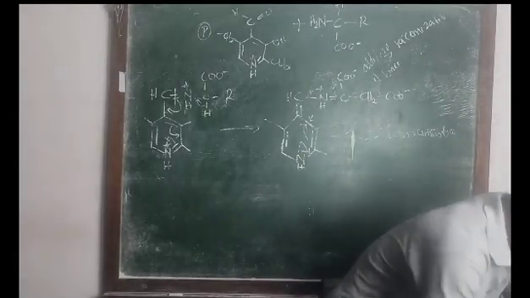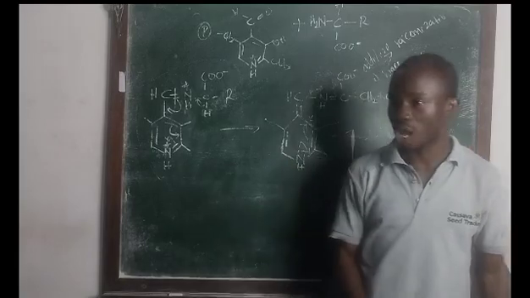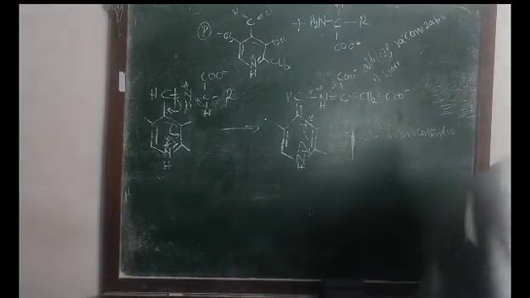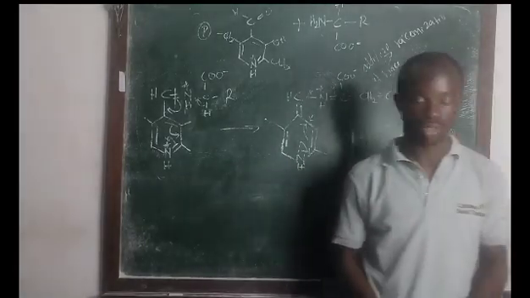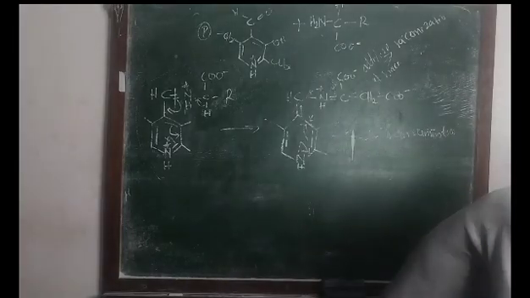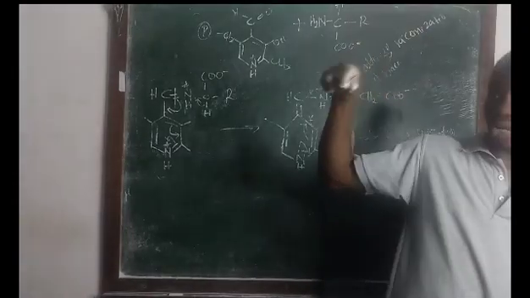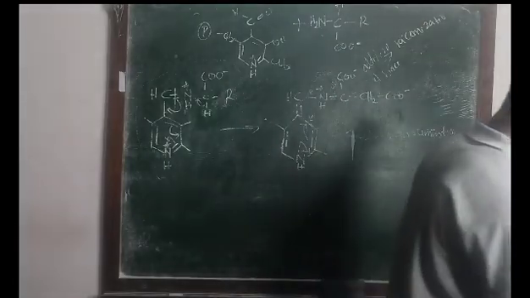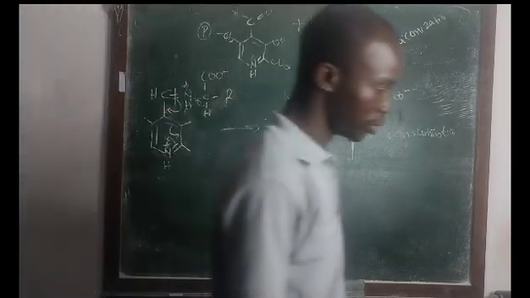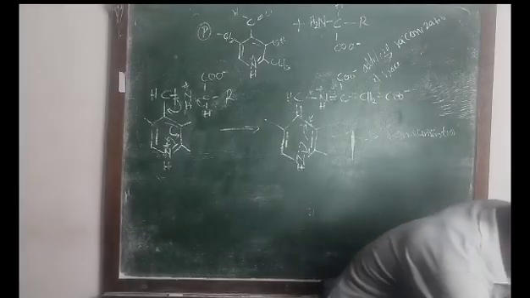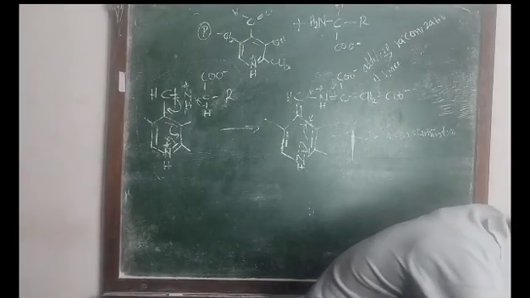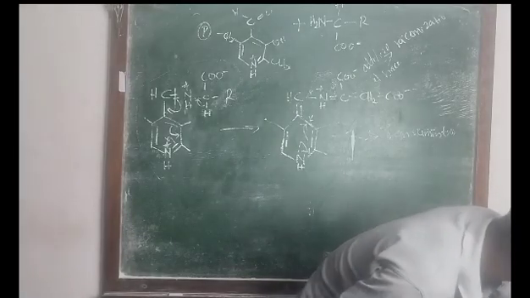The first one is racemization, then transamination, beta decarboxylation, and decarboxylation of side chain. The next one after the removal of the alpha hydrogen is alpha decarboxylation. In that case, we are going to remove the alpha COO.